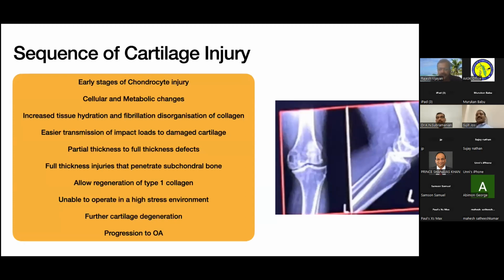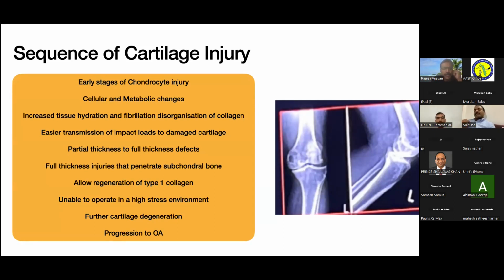So I think the first thing we need to know is why all these things. Cartilage science has always been very controversial. The basic reason is we are not able to reproduce the vascularity of the cartilage tissue. That's why so many procedures come in, and each has its own success rate and failure rate. In early-stage chondrocyte injury, there will be some cellular and metabolic changes.